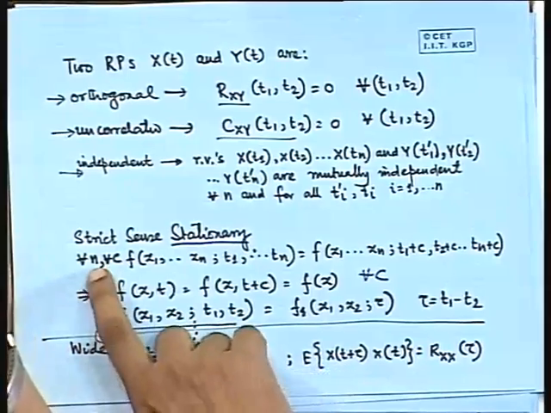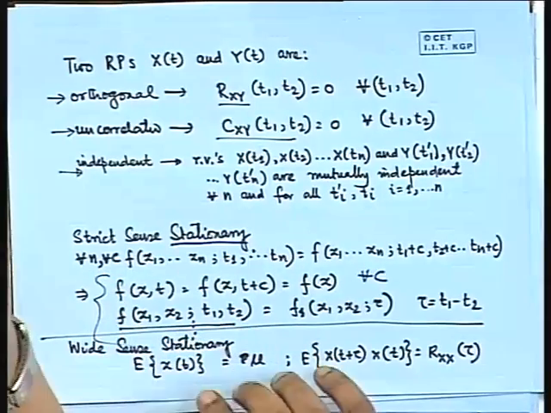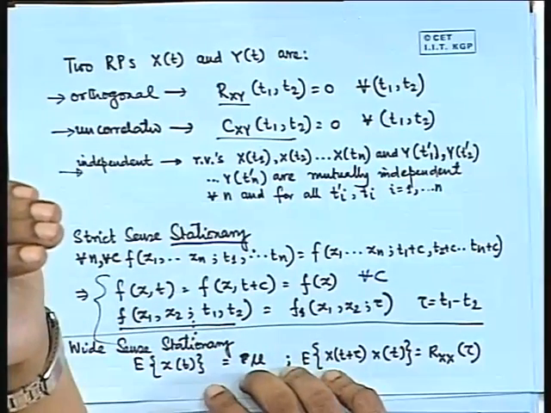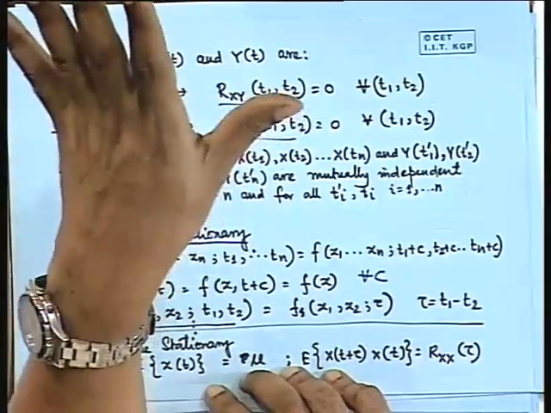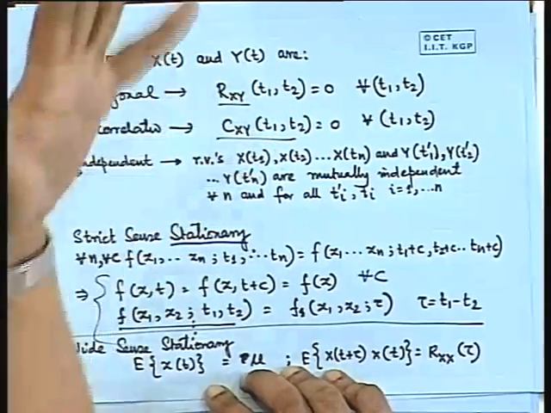So if one is t1 plus 10, another is t2 plus 10, it will still be the same, and this holds only up to the second degree. Earlier it was holding for all n. Now I just want that it hold for n up to 2. If it holds that way, then I say that it is a wide sense stationary process.